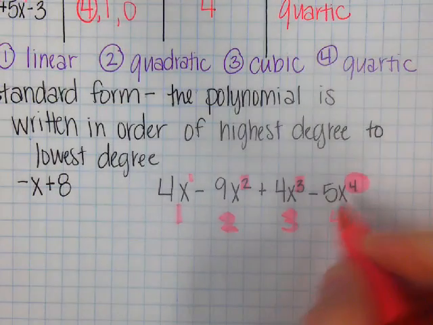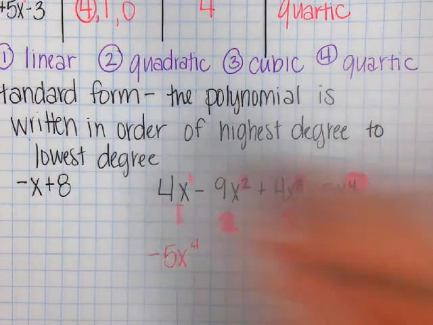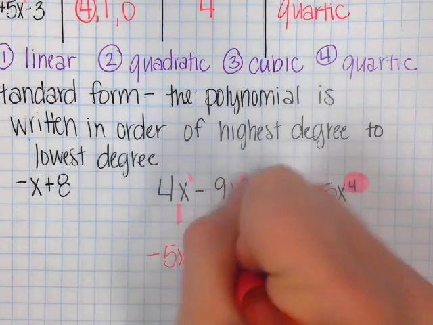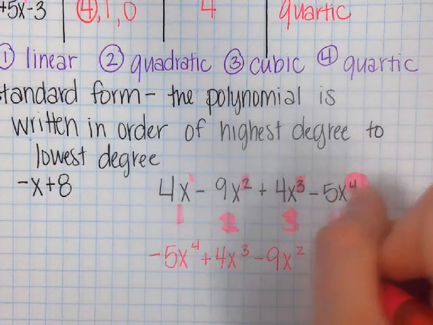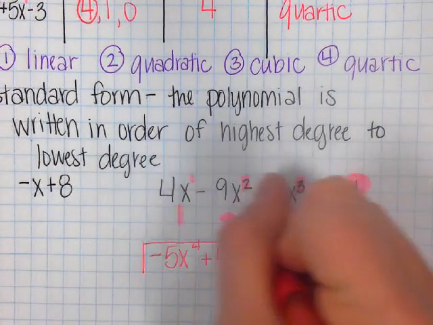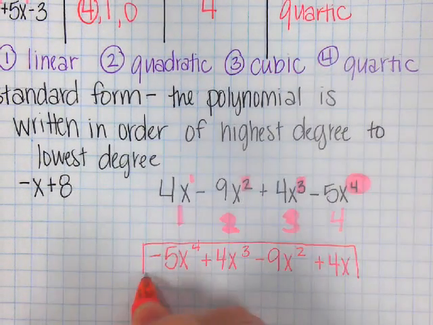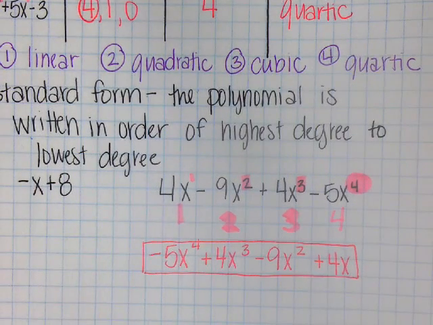Then 2, and then 1. So I would have to write it as, notice, again, take the negative with it, so it'd be negative 5x to the fourth plus 4x cubed minus 9x squared plus 4x. So that would be my equation written in standard form.